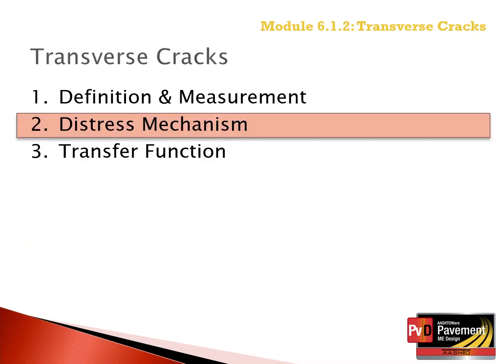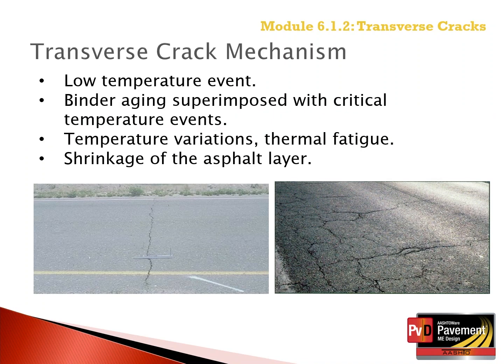Now let's discuss the mechanism simulated in the Pavement ME software for predicting transverse cracks. As noted earlier within this module, transverse cracks are non-wheel load related cracks. They occur from low temperatures or cold temperature events over time when the tensile stress from a drop in temperature exceeds the tensile strength of the asphalt mixture.